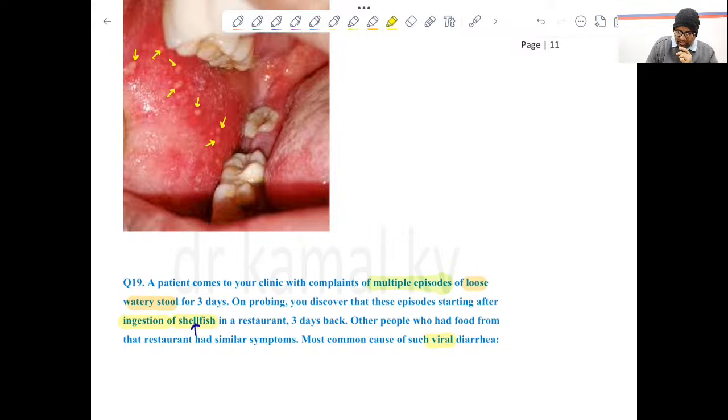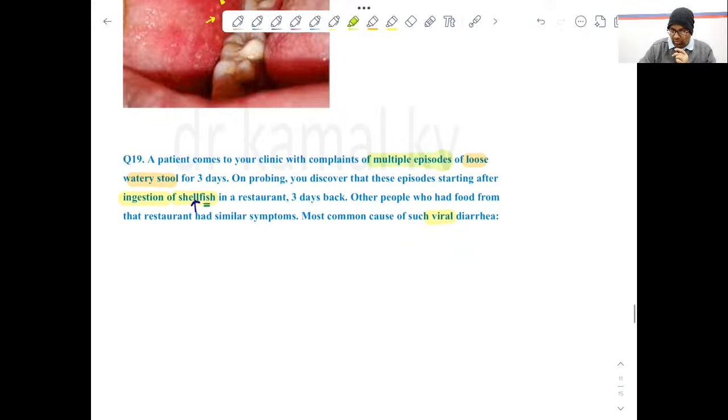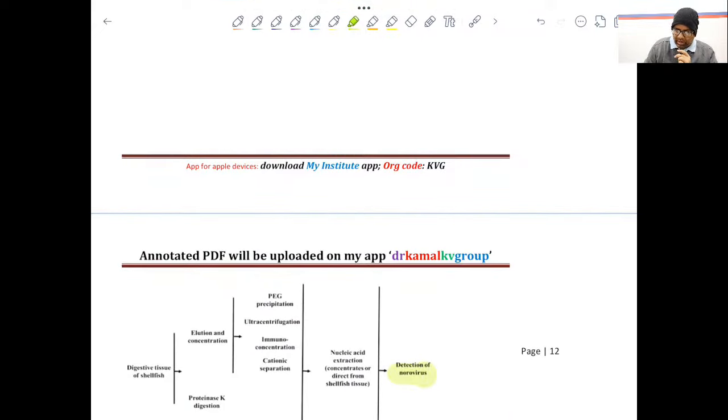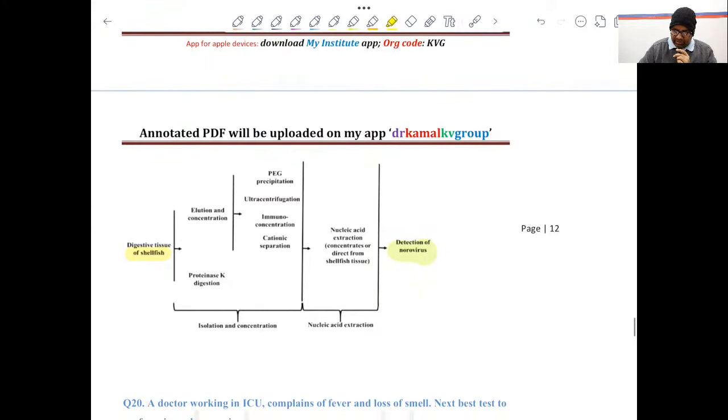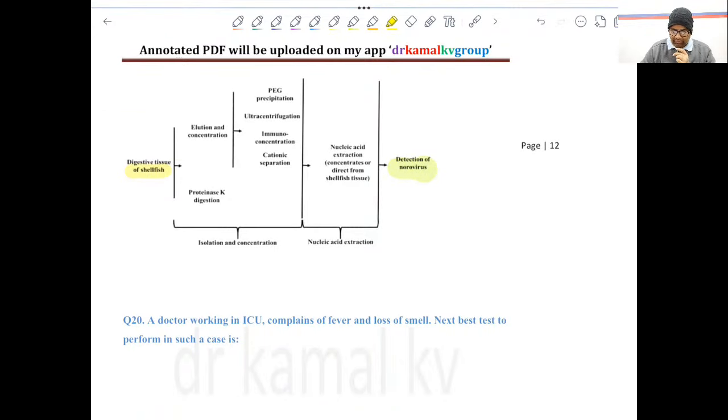Right? So diarrhea after ingestion of shellfish, always think of one virus, and that is norovirus. Right? So always think of norovirus. So this is the virus which is implicated in causation of diarrhea after consumption of shellfish. Clear? So this is a classical case history for shellfish.